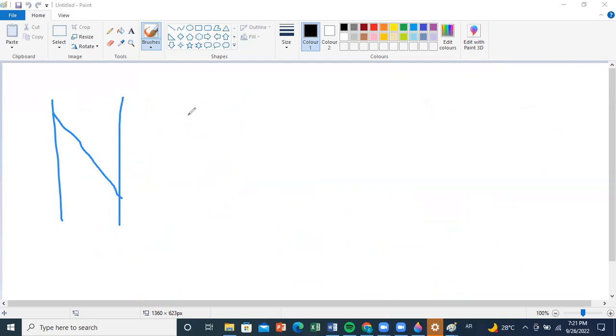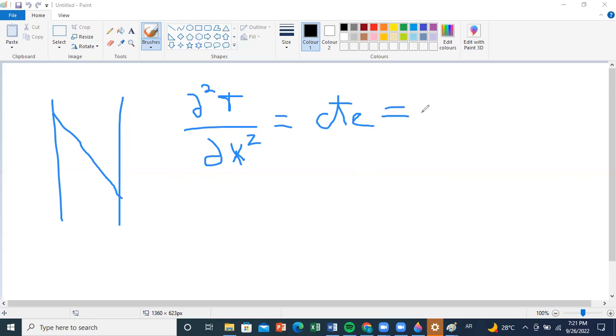I can tell you that for steady state process through a wall, the equation driving temperature variation is that the second derivative of T with respect to X is a constant. If I give you this information, you can proceed on your own. Because if the second derivative of variation of temperature in the wall is constant, this means that the first derivative of T with respect to X is constant.